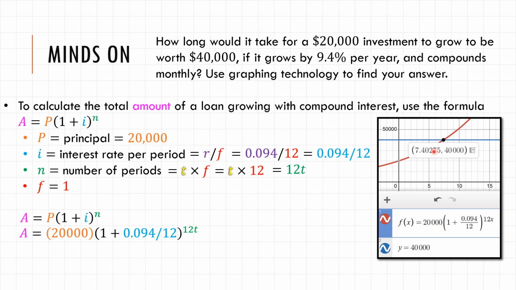That's the value of x, and in this case, t. And t was the term in years. So it looks like at about 7.40275 years, this investment will grow from 20,000 to 40,000. Of course, as long as it grows by 9.4% per year and it compounds monthly.